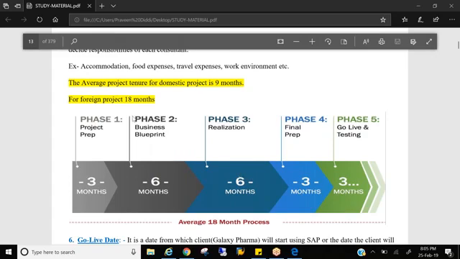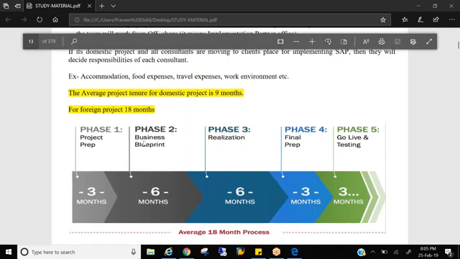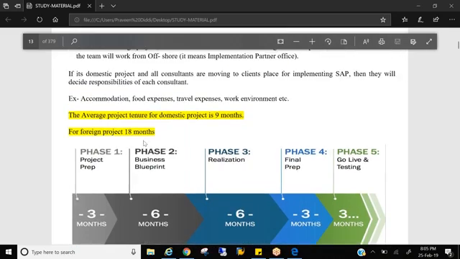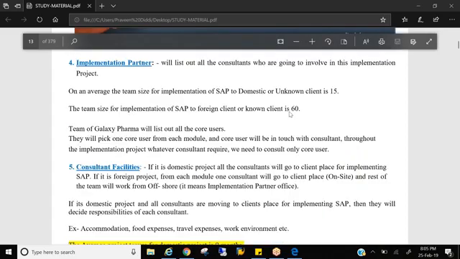So today would be a short session. We will discuss only the business blueprinting phase today, and we'll also give you a little introduction of what the Activate methodology in S/4HANA is, right? So let's go ahead. First, let me tell you what the Activate methodology is compared to the ASAP methodology we discussed in the last session.